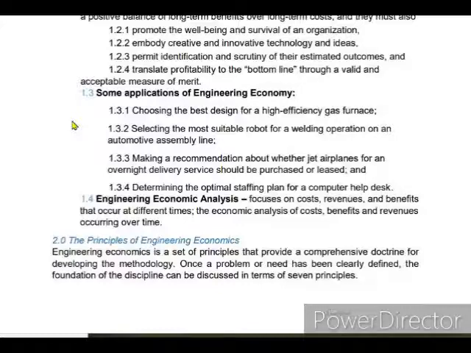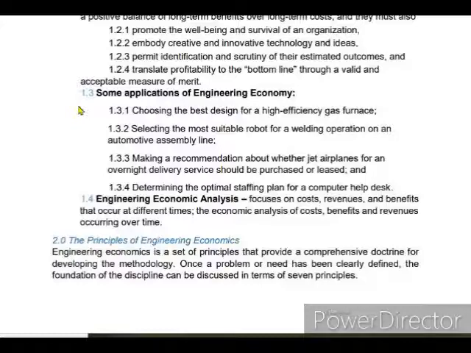If you ever watch videos about modern automotive manufacturing companies like Toyota, Honda, Ford, etc., you can notice their manufacturing lines using robots. Okay, so next, making a recommendation about whether jet airplanes for an overnight delivery service should be purchased or leased.